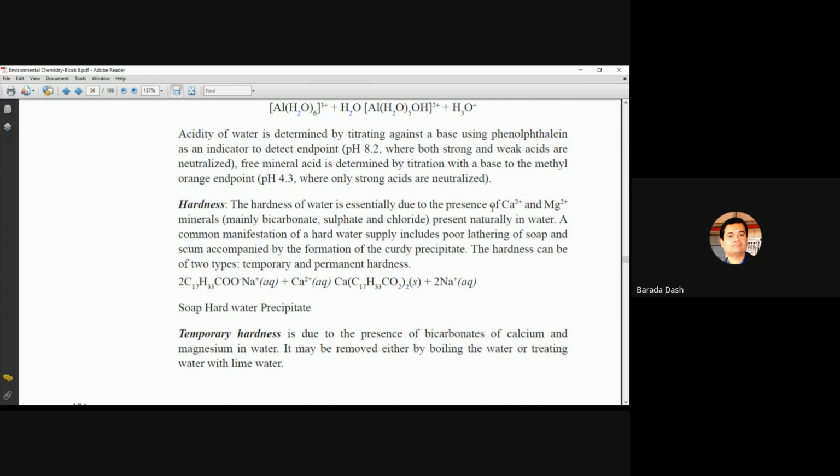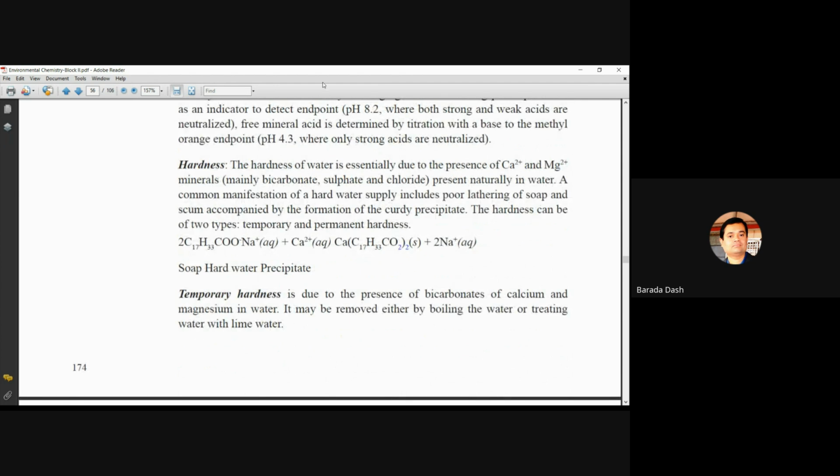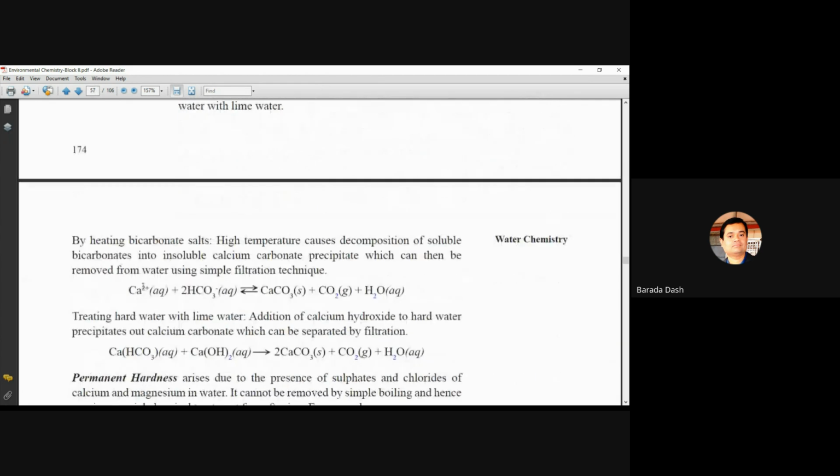That is due to hardness, or the presence of calcium and magnesium salts. When you use hard water for cooking, your dal and rice will not be cooked properly. And if you use it for washing, the effect of your soap or detergent will be nullified because of the presence of calcium and magnesium salts, the hardness. So that is the drawback of hard water.